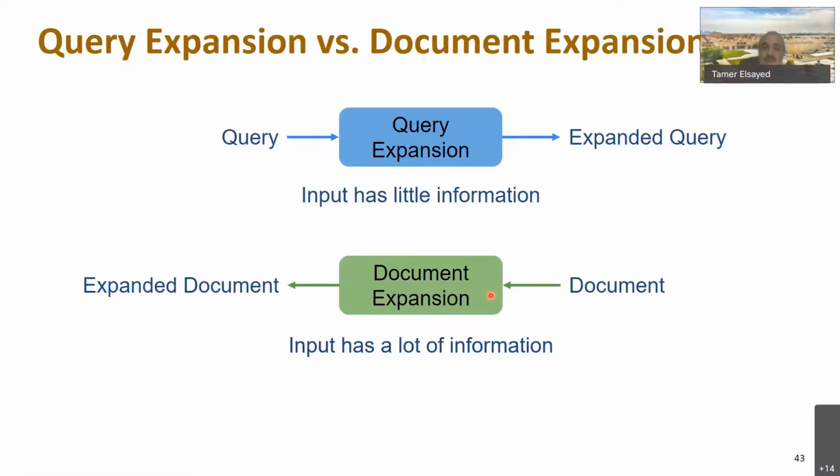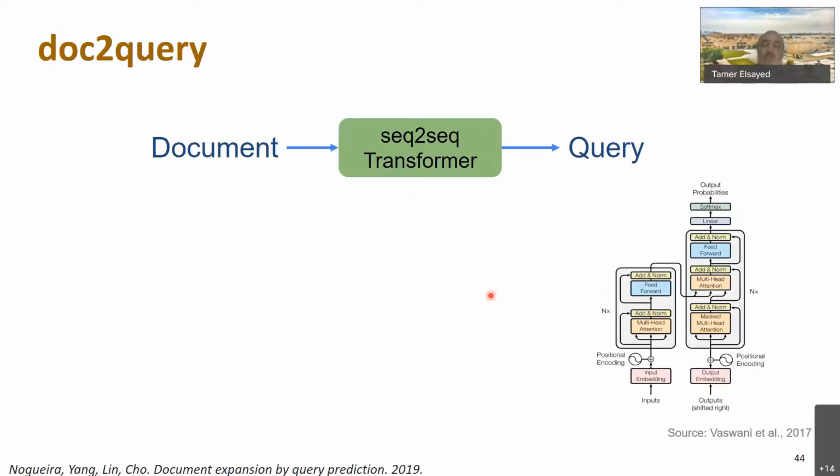Doc2query is one approach for document expansion. How do we do it in doc2query? The idea is to expand the document with predicted query terms. This is the theoretical idea, not exactly how we do it.